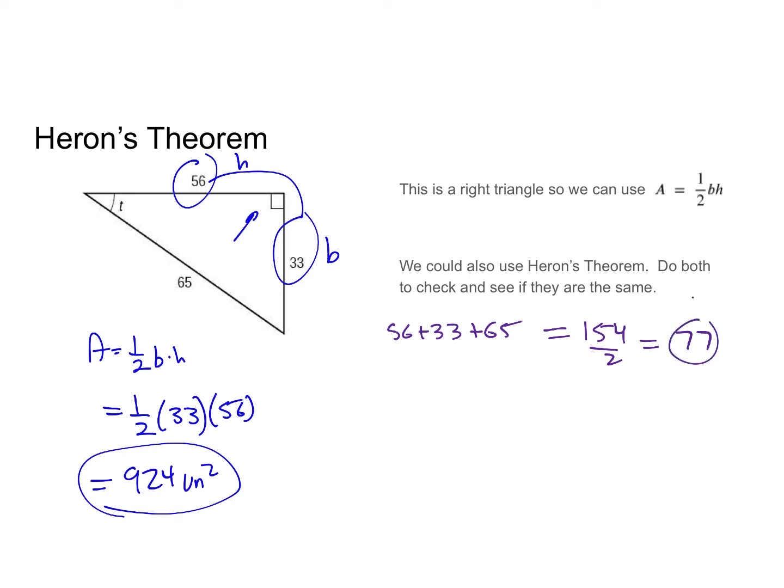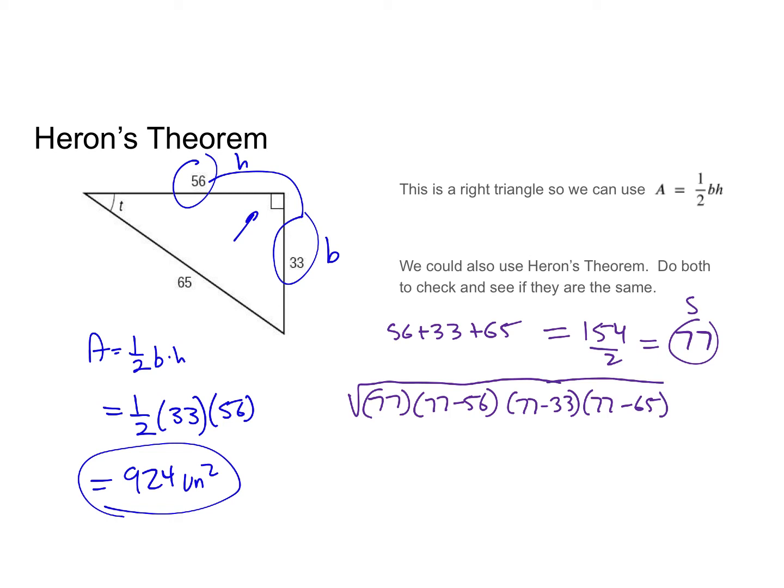So this becomes my semi-perimeter. So now my big formula becomes 77, 77 minus 56, 77 minus 33, 77 minus 65.